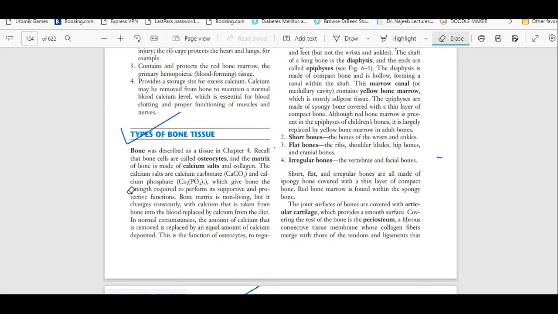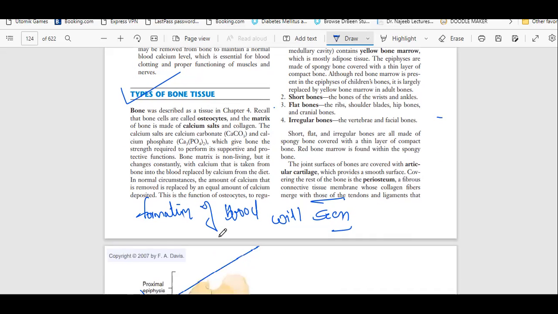The blood cells will be produced. Erythropoiesis will occur, meaning formation of blood will occur, mostly in the red bone marrow.